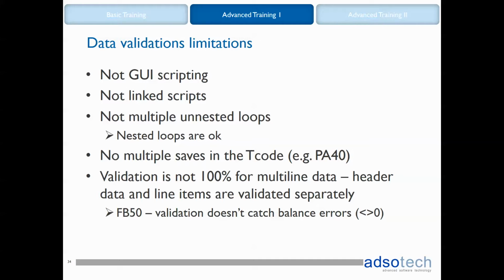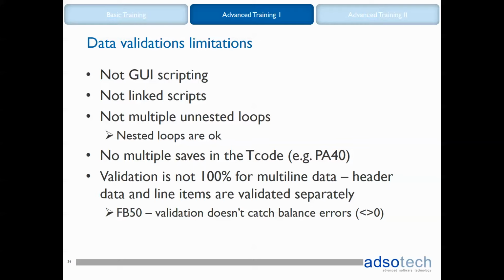Of course, within Excel, you can build your own checkup for that. So you can build in calculations and formulas that will tell you if your debit and credit don't match for a specific document. But data validation will not catch that. In SAP, when we try and save the document, SAP checks for balance errors.